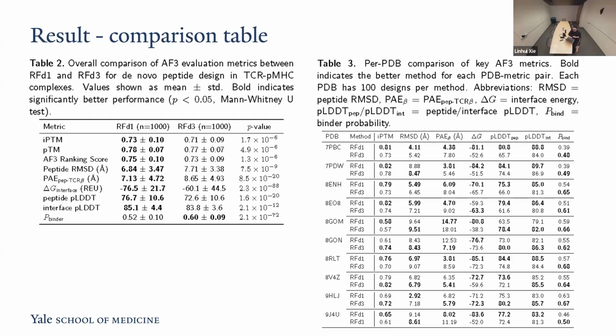So we would like to see if RoseTTAFold diffusion 1 really has the best performance for this domain. In our future pipeline, we will adopt RoseTTAFold diffusion 1. But for only one metric in this table, you will notice that RoseTTAFold diffusion 3 actually has higher binder probabilities for the generative models.